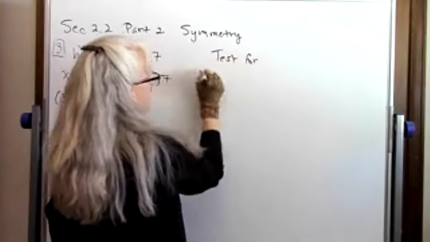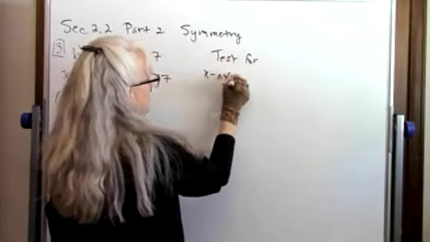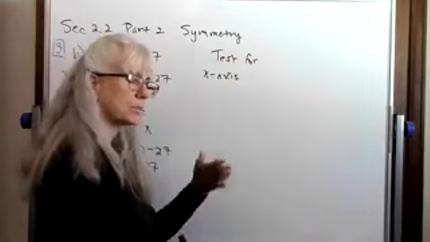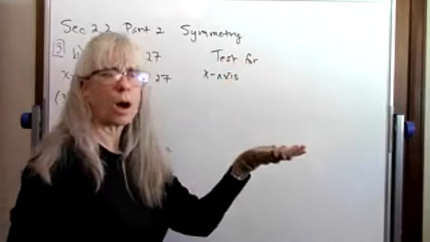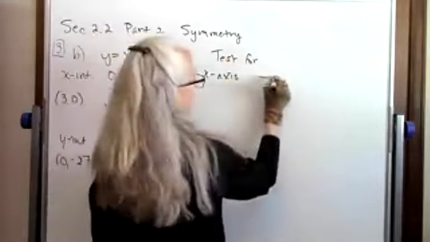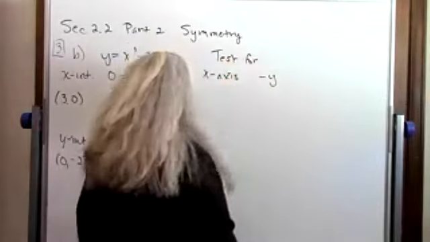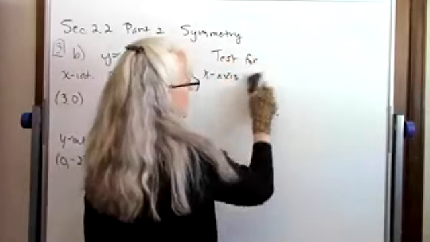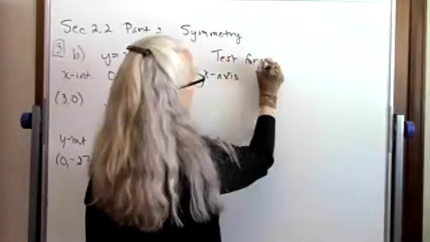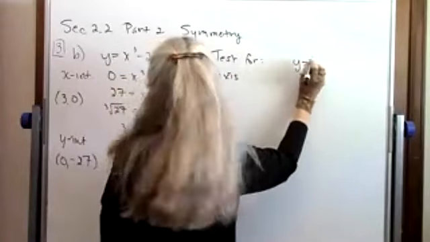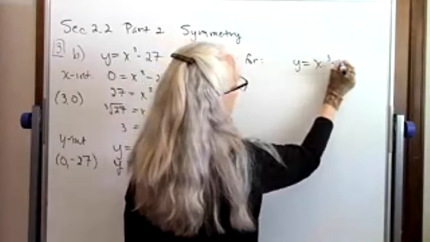We have to do each one of them. So let's do the x-axis first. So because we're testing for the x-axis, we're going to replace the opposite variable, that's the y, with the negative. So that would be negative y. And remember, let me write down the original so I can compare it each time. Here's test 4, and here's our original. Y equals x to the third minus 27.